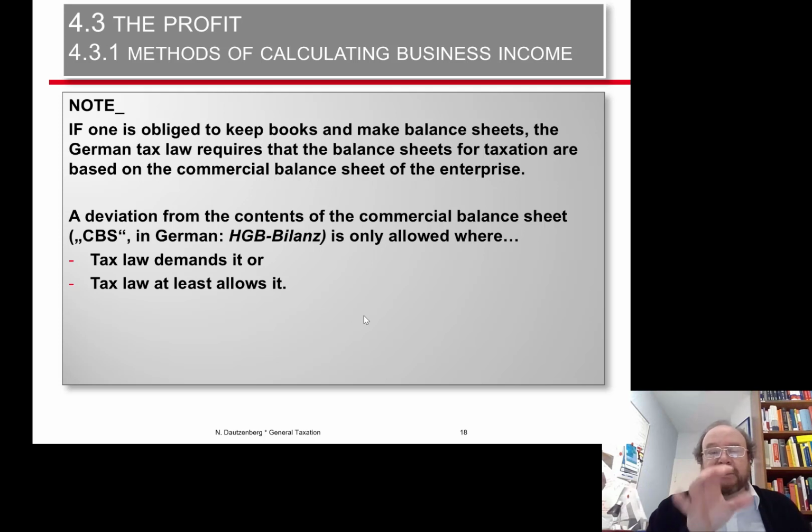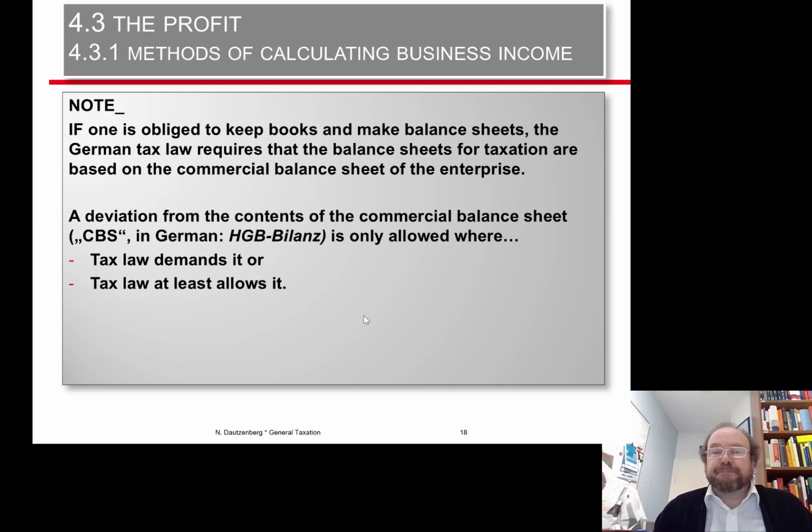Another thing. So let's turn back to the basic case. If there is an obligation to keep books, or if you keep books and make balance sheets, then very often you also are obliged to keep books and make balance sheets under commercial law, under the Handelsgesetz, the HGB.